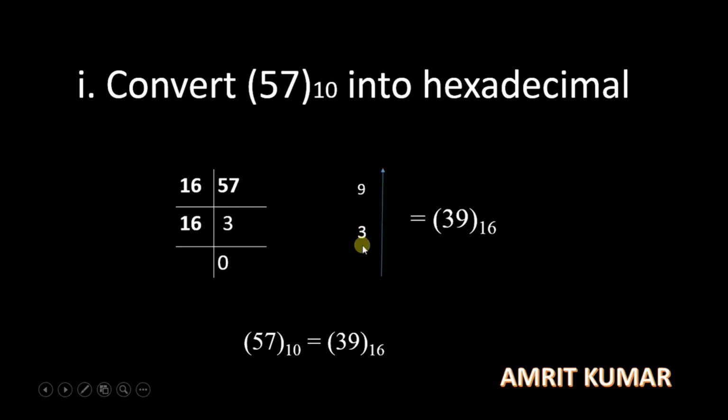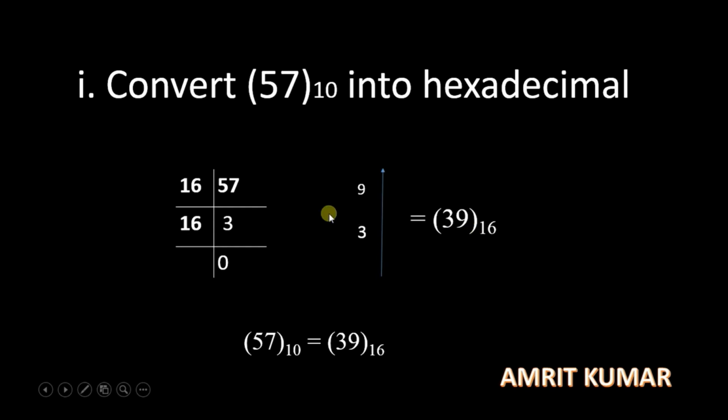Therefore we are following the rule that says you need to follow bottom to top. I have written 3 and 9 and not 9 and 3, because the rule says you need to follow the bottom to top approach, and therefore we have written 3 first and then 9.